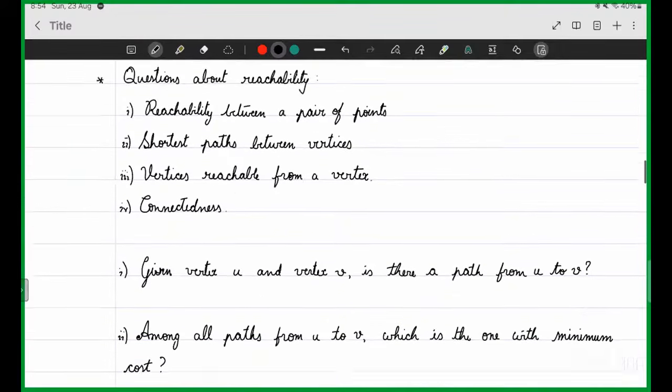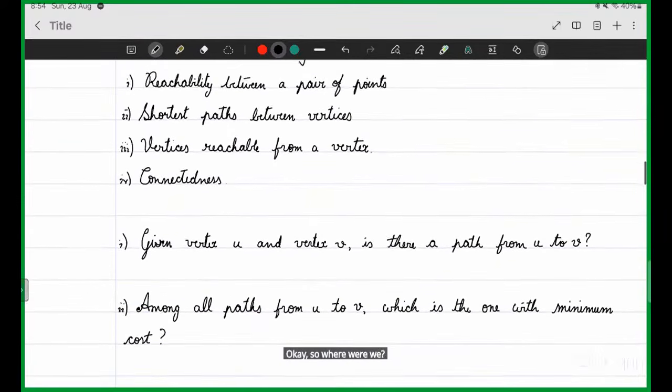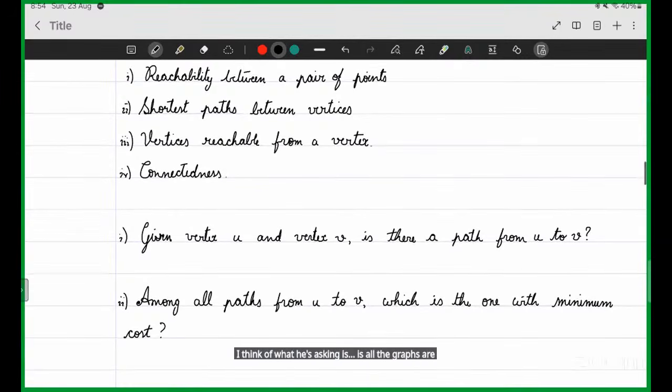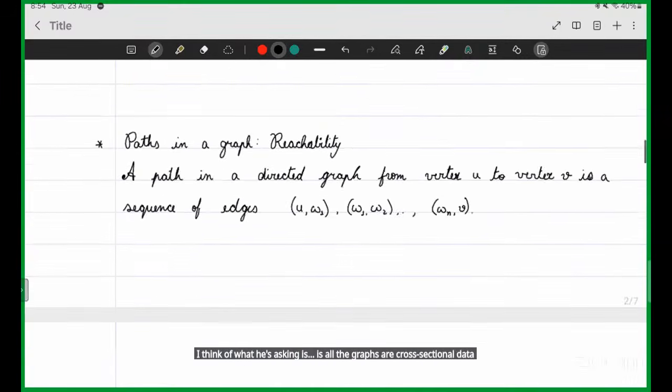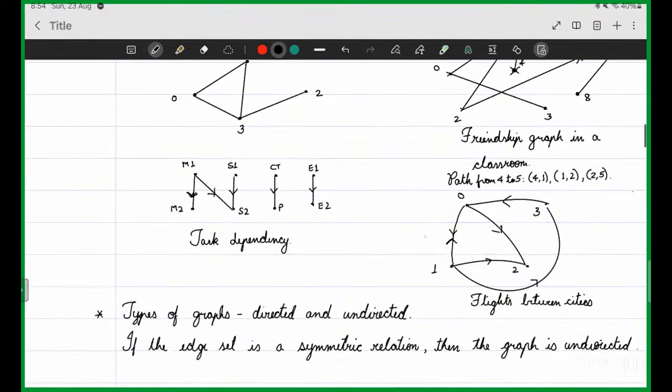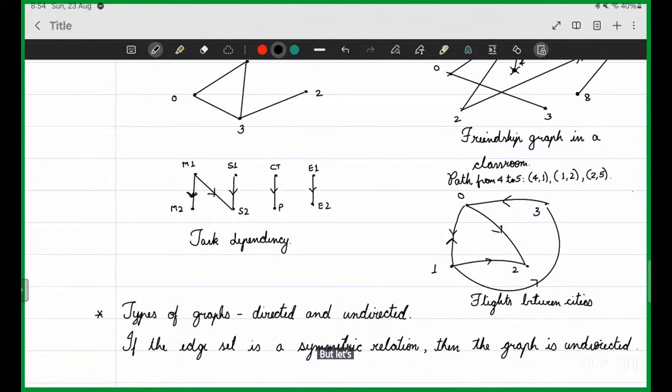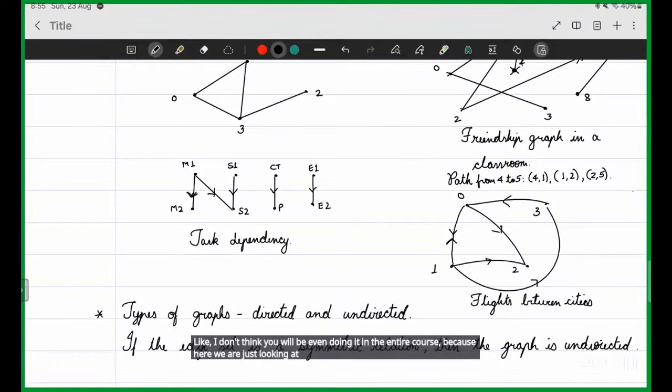So what he is asking is whether all graphs are cross-sectional data. The weight function can be a function of time, and then you can introduce one more parameter and so on. But let's not go there now. I don't think you will be doing it in the entire course, because here we are just looking at static things.